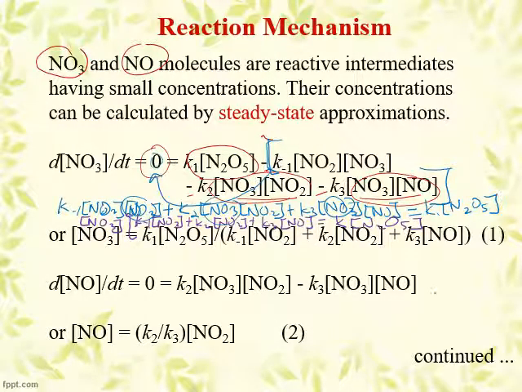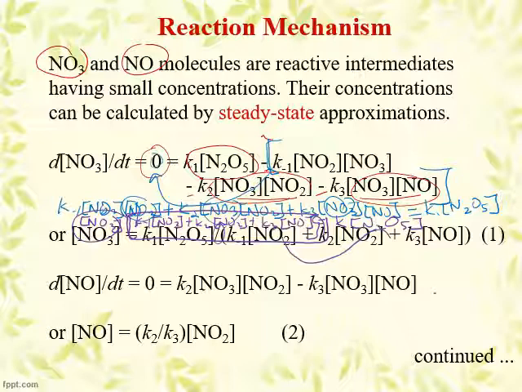Now close this bracket. Leaving behind NO3 on the left side, we bring the rest back to the other side. So that's why you see here k1[N2O5] divided by k-1[NO2] plus k2[NO2] plus k3[NO].